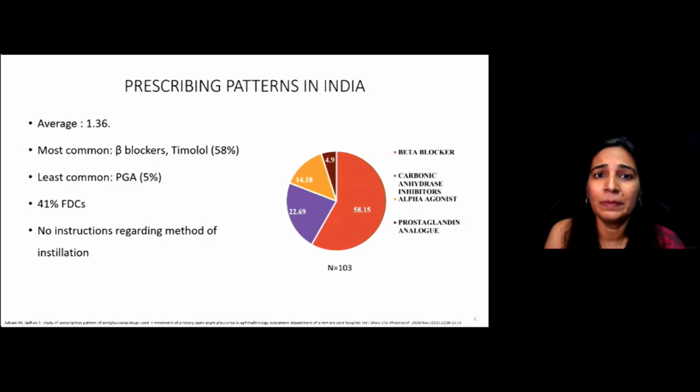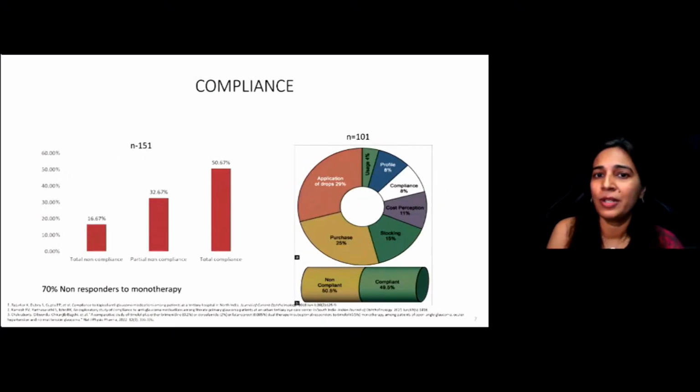Most studies on compliance in the country, just like the rest of the world, peg it at 50%, with factors ranging from cost to ease of access to patients forgetting to use the eye drops, of course, side effects and schedule complexity. The Indian glaucoma patient is not very different from the rest of the world.